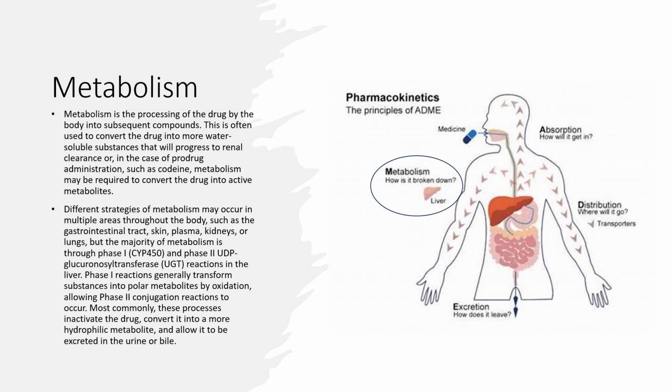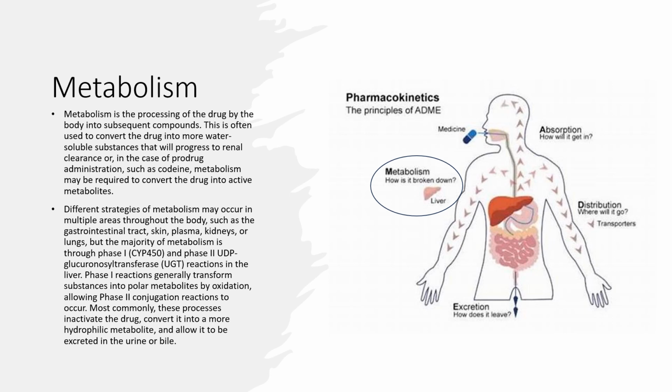Metabolism is the processing of the drug by the body into subsequent compounds. This is often used to convert the drug into more water-soluble substances that will progress to renal clearance, or in the case of prodrug administration, such as the drug codeine, metabolism may be required to convert the drug into its active form.